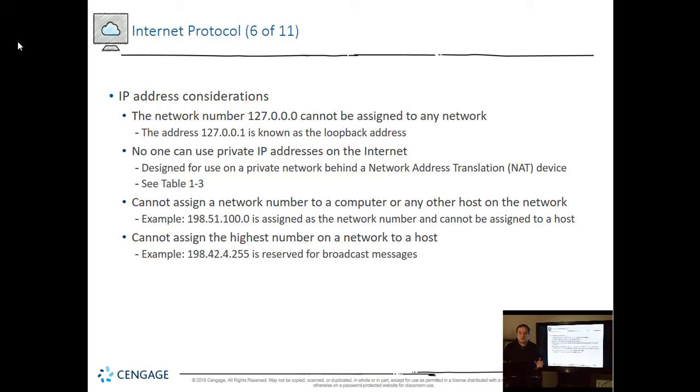You've got the network number 127.0.0.0, cannot be assigned to anything because the people who created IP version 4 decided that that would be what's called a loopback address, which just basically makes sure that the computer is running properly. So if I ever am having problems with communication, one of the things I'll do is I'll try to ping 127.0.0.1 on my computer. If it works, then that means I know that internally my network card is probably acting as it should. So that's a loopback address basically just for troubleshooting.